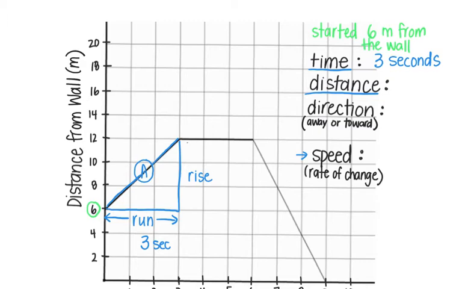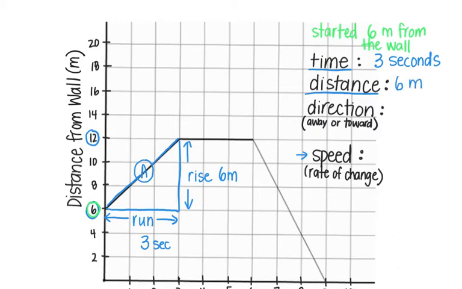The rise, on the other hand, needs to be found with the vertical length or the height of that triangle. In this case, we can see that we're starting at 6 meters away from the wall and we're getting to 12 meters away from the wall. And the difference between those two numbers is again 6 meters. So our distance traveled along that line is 6 meters.